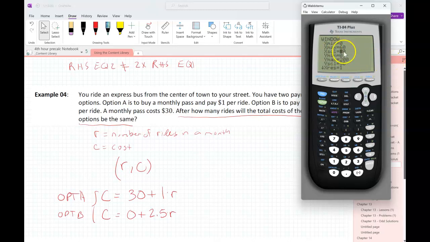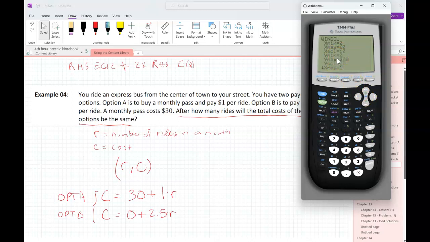I set the x scale to 10, so the x-axis is going to have tick marks every 10 units. That part doesn't really matter. The y represents the cost. The minimum cost can't be negative, right? That'd be like the bus paying you to ride it. That's not how it works. So I put the minimum cost at 0. And for the upper bound for the cost, I just put 200 in there.